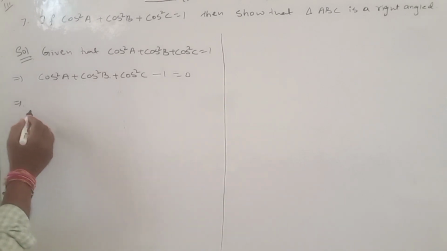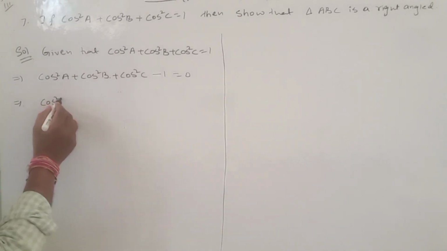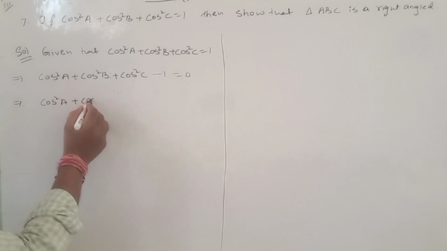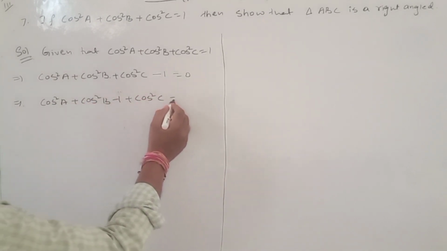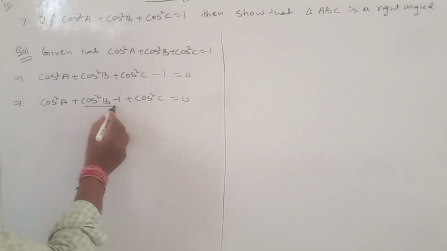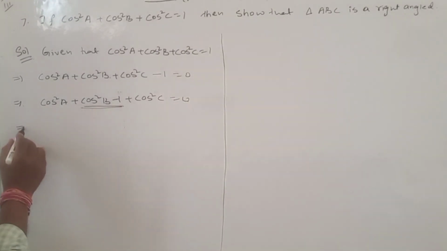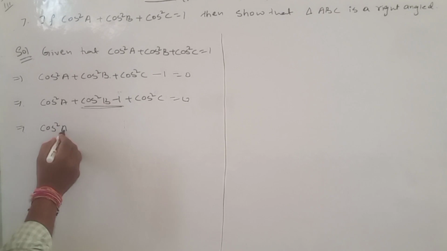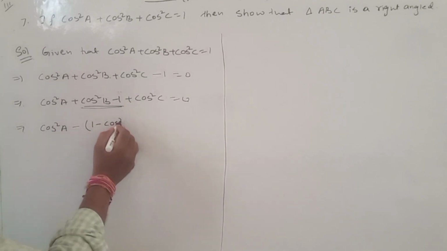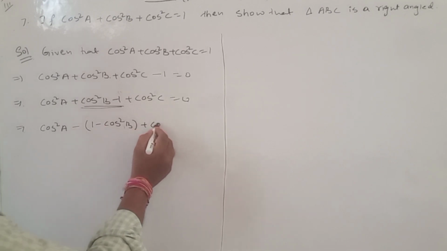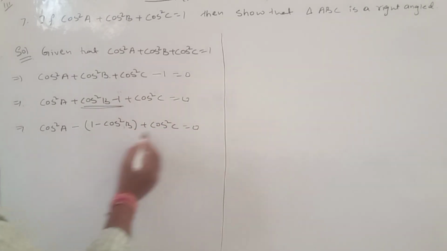So cos square A plus cos square B minus 1 plus cos square C equal to 0. You can take minus common from this: cos square A minus of 1 minus cos square B plus cos square C equal to 0.